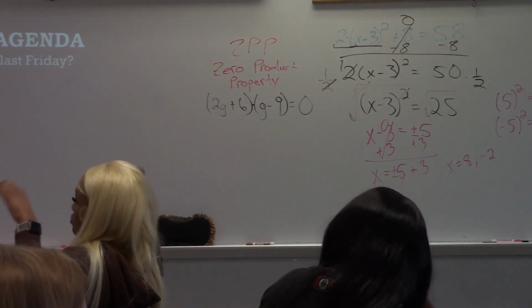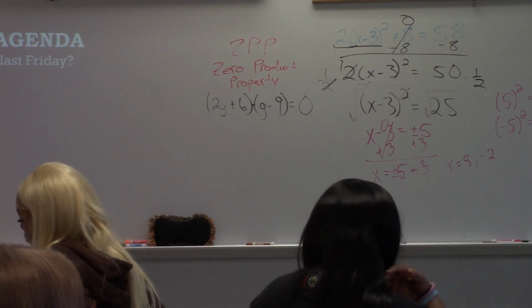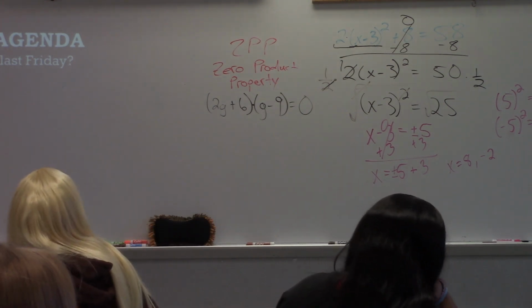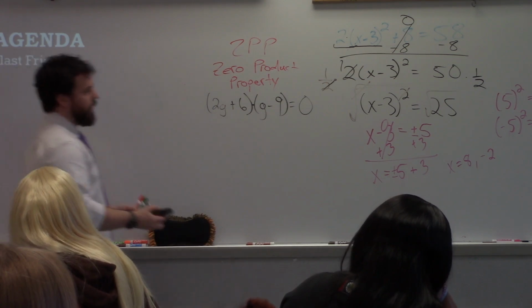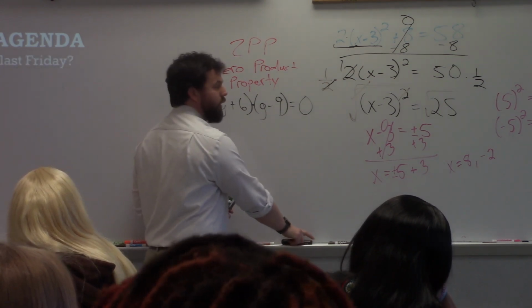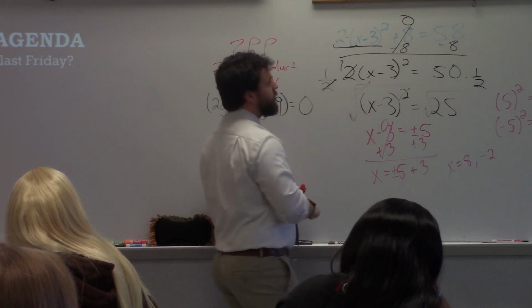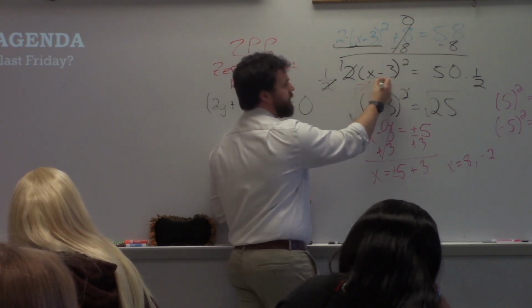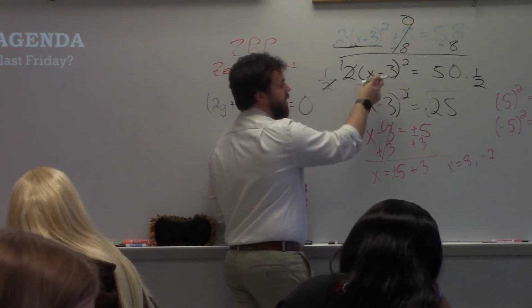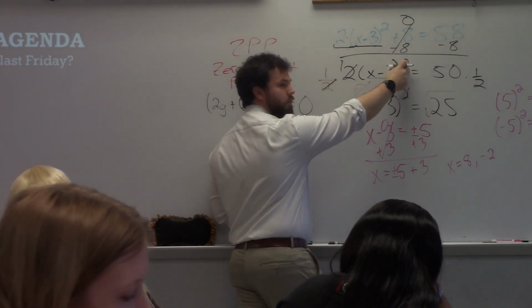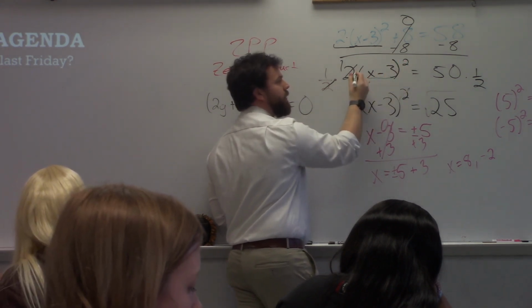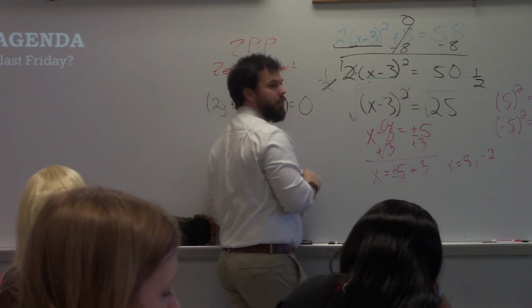Yes, Eliza? Why do you divide 2 on both sides? Great question. Like, why did I do it there, or why did we divide by 2 in general? Both. Okay, so when I look at this equation right here, the first thing happening to x is we're subtracting 3, right? x minus 3 is then being squared, then (x minus 3) squared is being multiplied by 2.